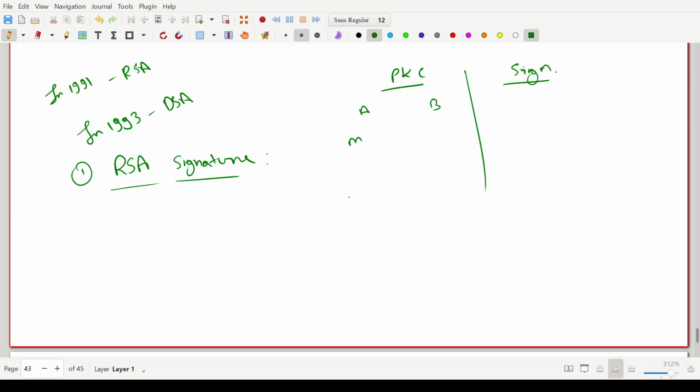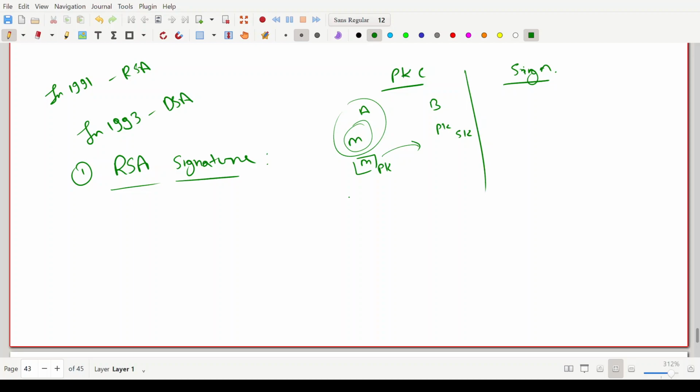Then what does Bob have to do? Bob has to generate a public key and secret key, and with this public key, Alice encrypts the message with the public key of Bob and sends it to him. And with the secret key, he can decrypt it.